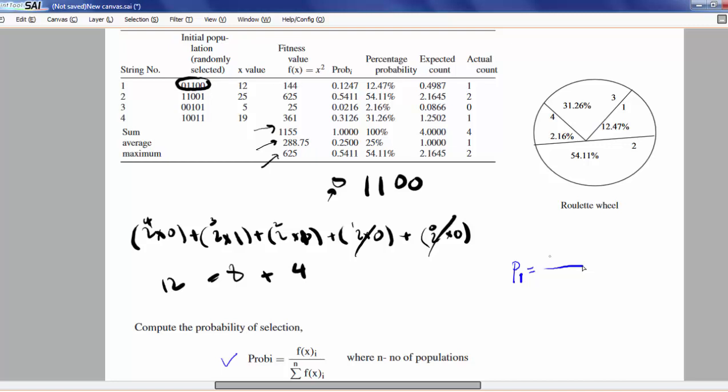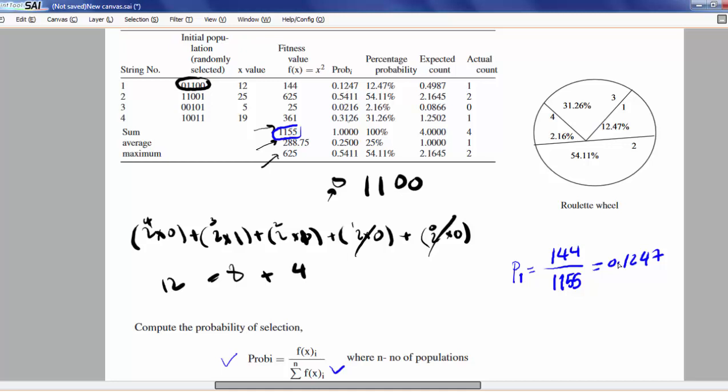Its fitness is 144. It's over the summation of all fitnesses, which is 155. We get 0.1247. Okay, and you compute the same operation for all other chromosomes.